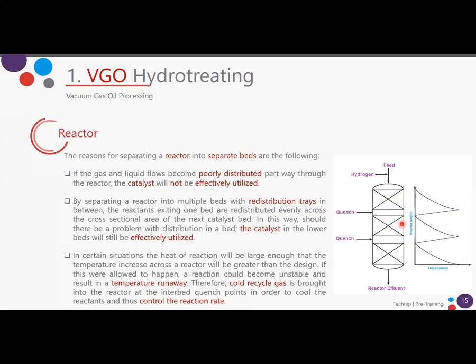Again, in the second bed, the temperature increases and then cools, and it goes like this, okay? So these quenches allow you to have better control of the temperature inside the reactor, okay?